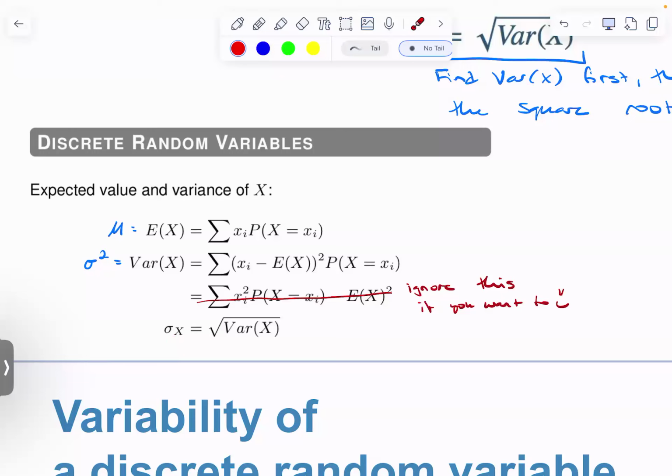This lowercase x just means that it's a standard deviation of x. So this is just the standard deviation of x, which is the square root of the variance of x. Okay.